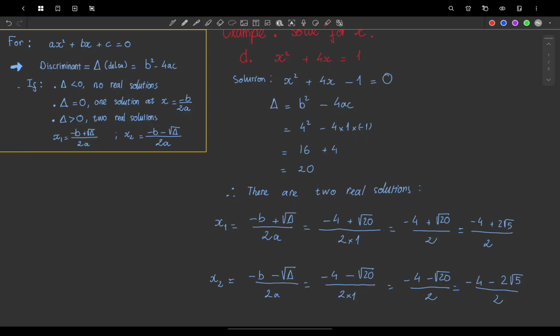Now, it's very important that you give the answer in the exact value, unless it's specified that you need to round it to 2 decimal places or 1 decimal place or whatever significant figures they want. Unless the question tells you what to do, always leave your answer in the exact form. We always want the exact answer, especially in mathematics and math specialists.